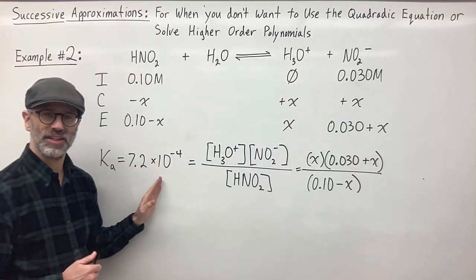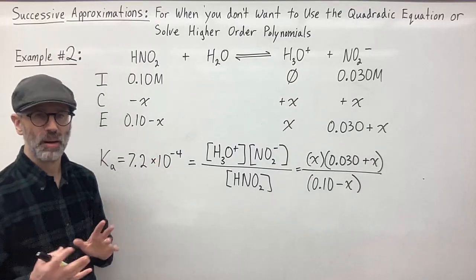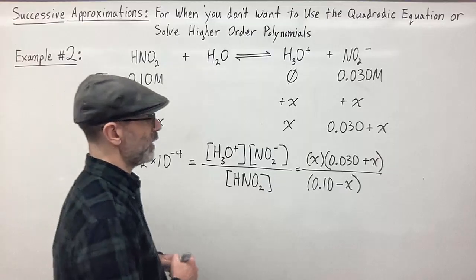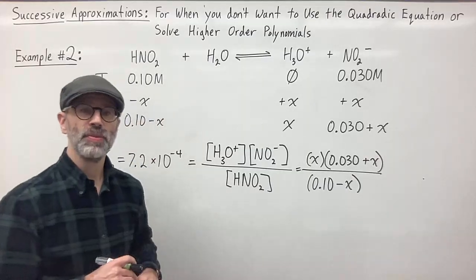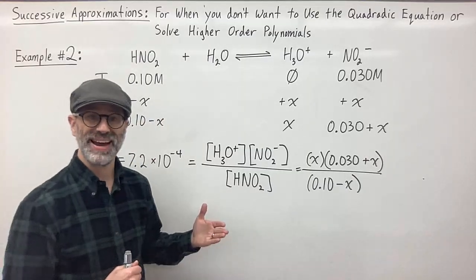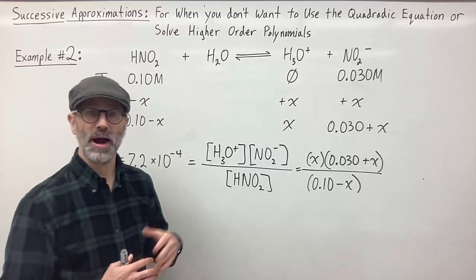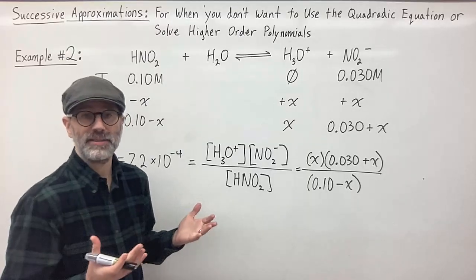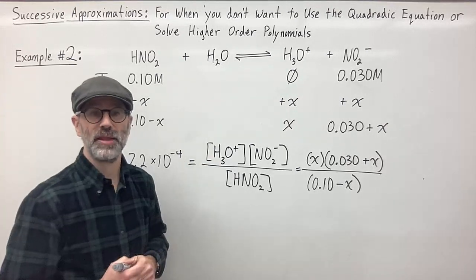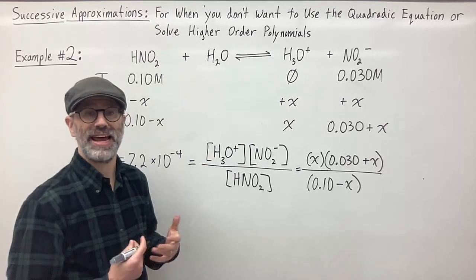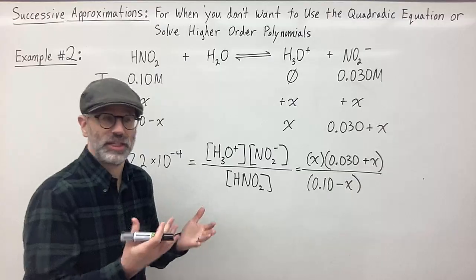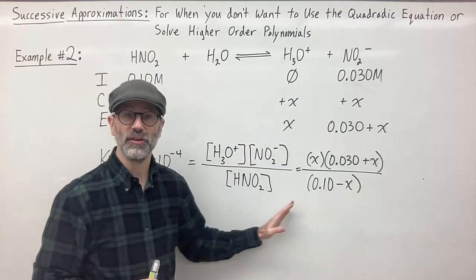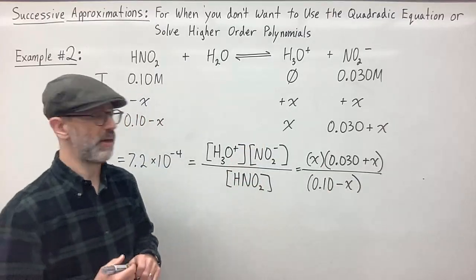That's really close to the Ka value, so probably not going to work. But again, as I said in my last video, you always want to do the x is negligible approximation anyway, because if it doesn't pass, then you can do the method of successive approximations, the first part of which is to do this. So we're already doing the first part of that.